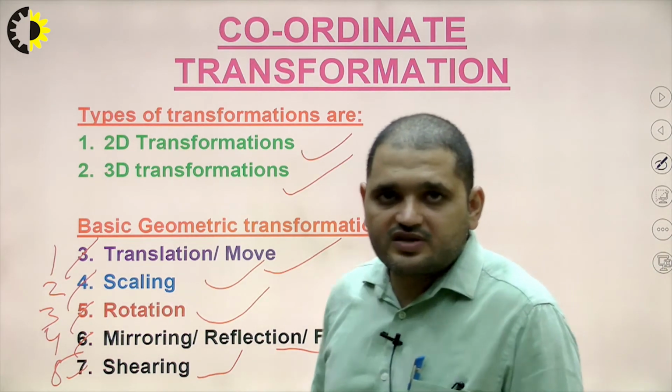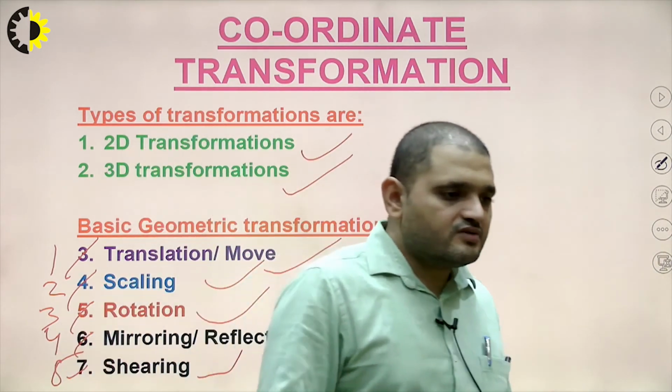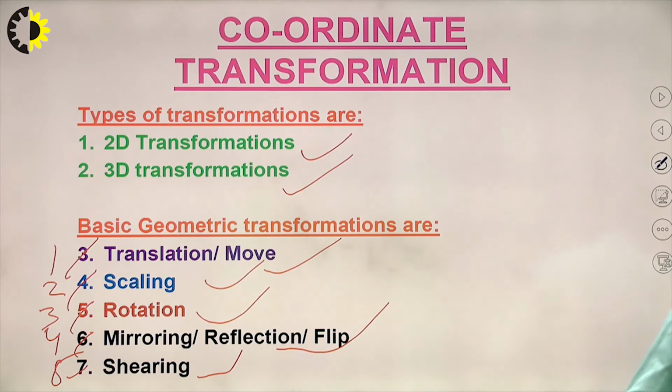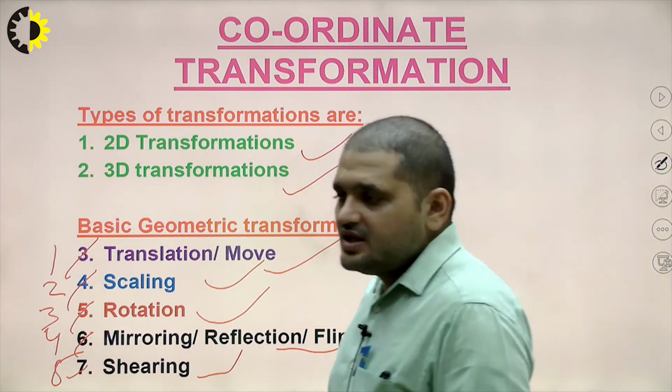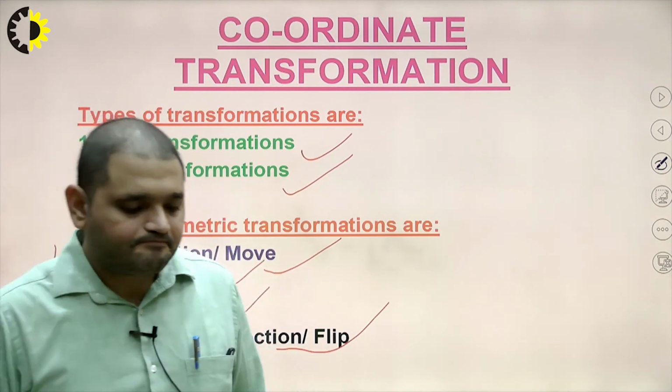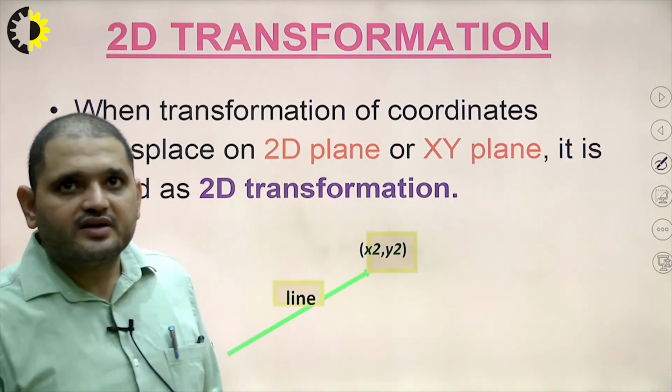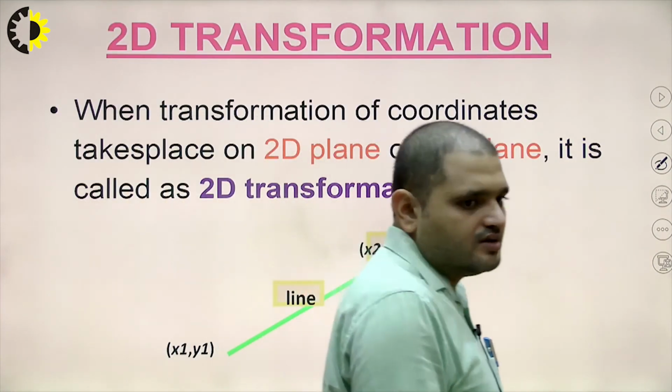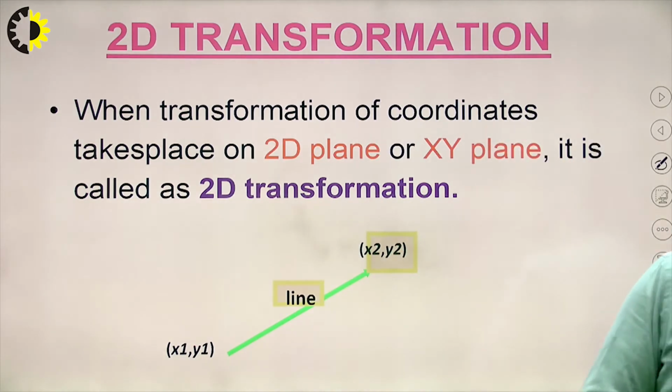These are the geometric transformations we will learn, and learn how to transform any point or line using them. Starting with 2D transformation, then we will come to 3D transformation.